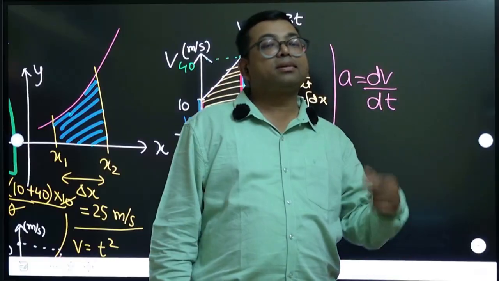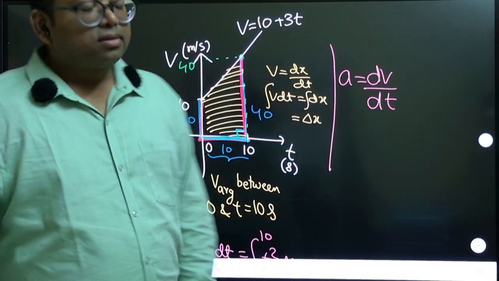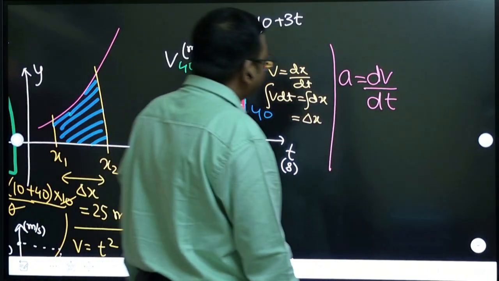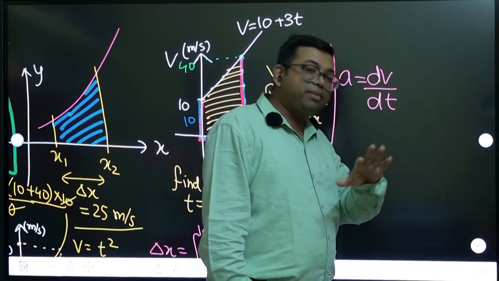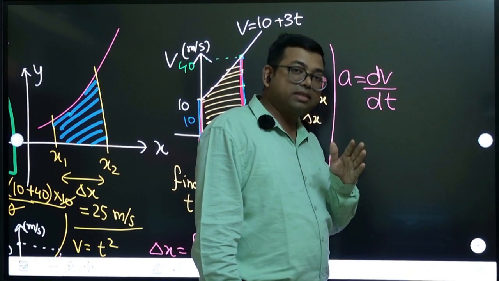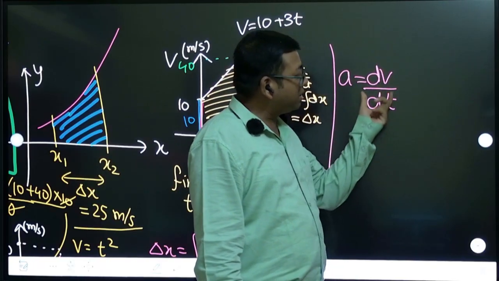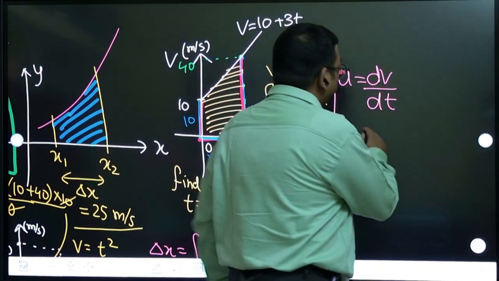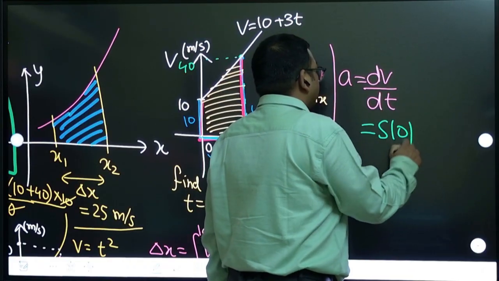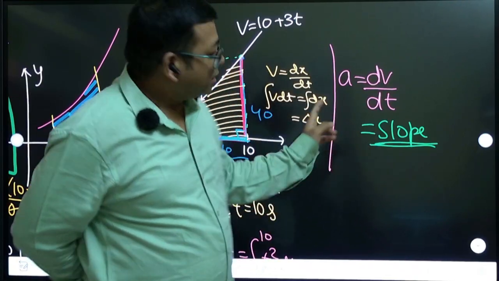Already I am recording and putting it on this YouTube channel. dy by dx, you remember now, is the slope of the graph. So in the velocity time graph, dv by dt will give slope.